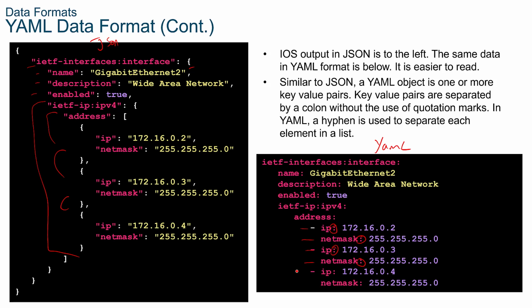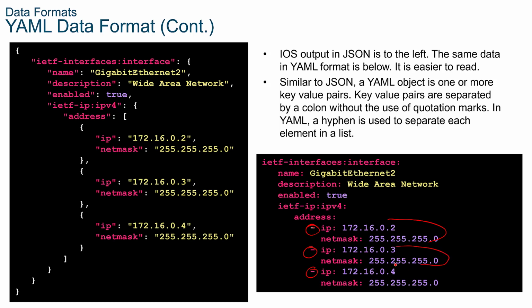In YAML, a hyphen is used to separate each element in the list. So I'm actually going to go ahead and erase everything. So here are our hyphens. So these are separating these elements. So this is one element, this is two element, this is three element, separated by our hyphens.